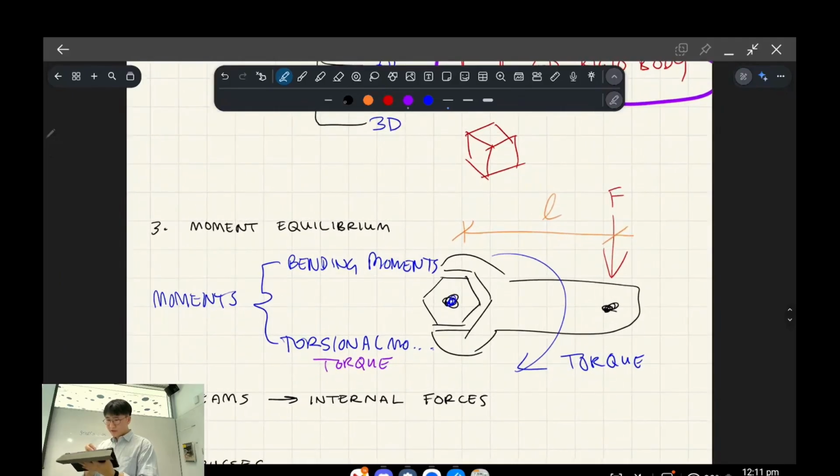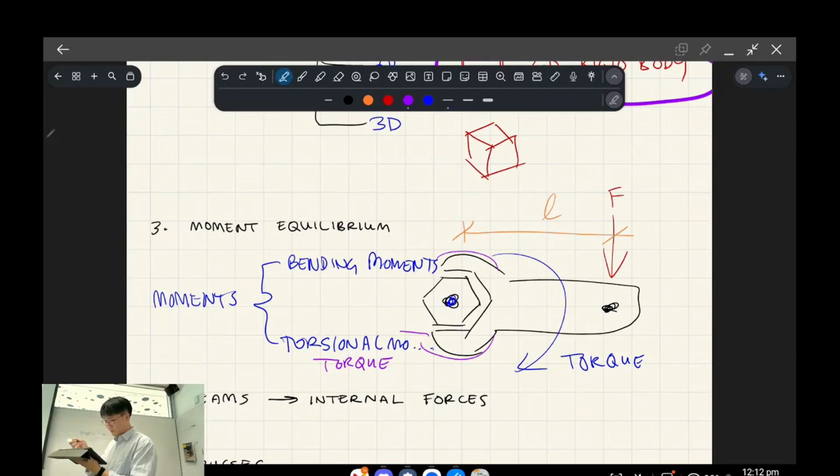Anyway, if something's in moment equilibrium, we're applying torque in that way, and then let's say there was another wrench behind this one that can somehow fit on this nut, and it's going the other way. Now it's balanced out, right? So now that's in moment equilibrium, essentially.